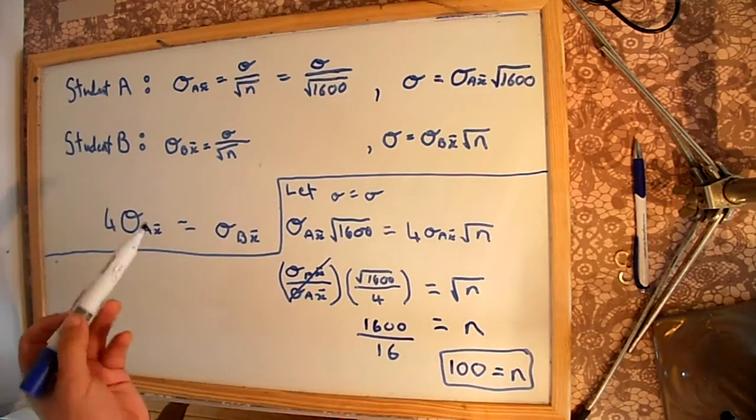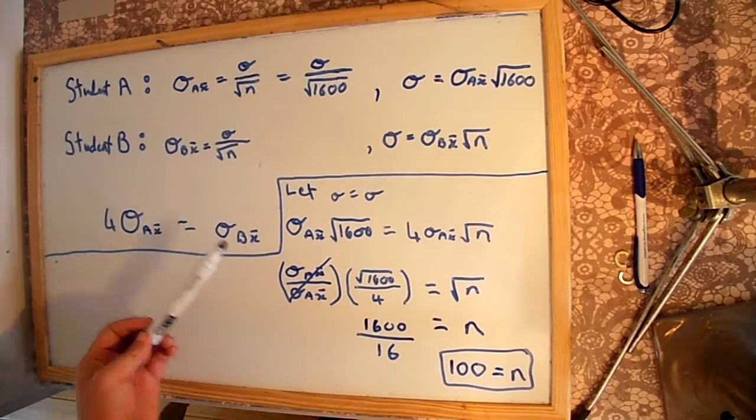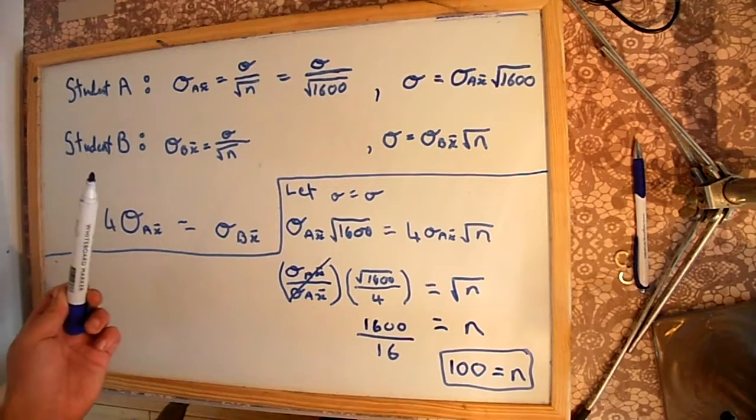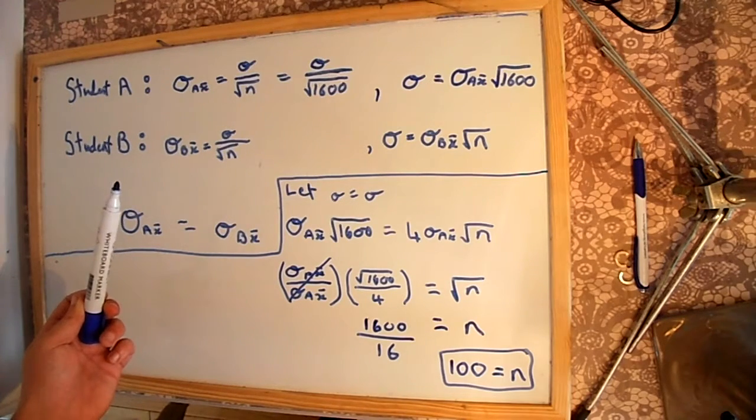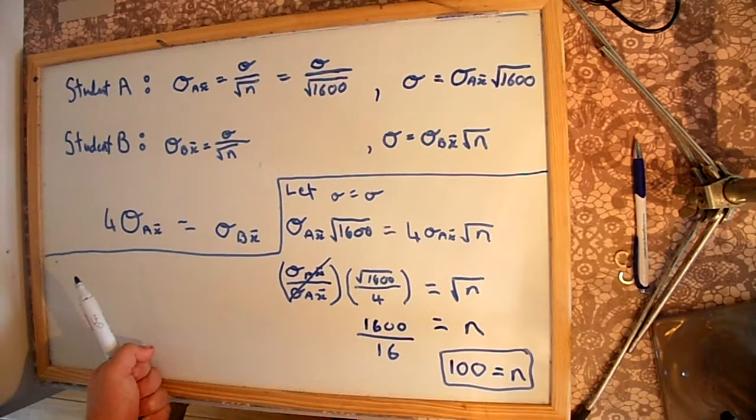So this is the sample size that student B would need to choose to get a quarter of the standard deviation that student A would have.